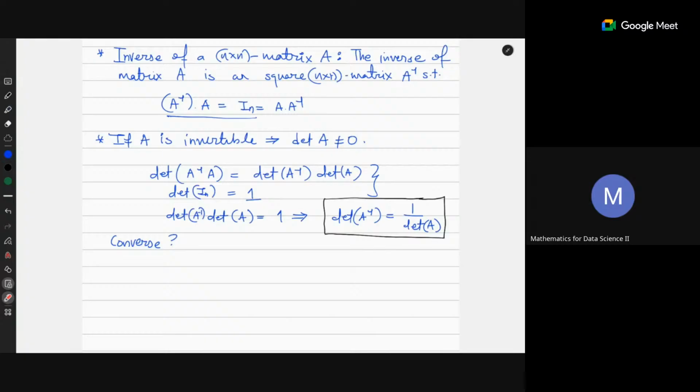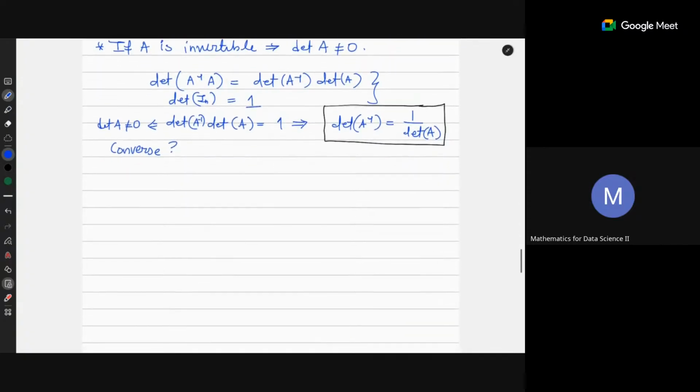It cannot give you some non-zero number. So this also tells you that determinant of A is non-zero. So whenever you have an invertible matrix, it is the same as saying that the determinant of A is non-zero.